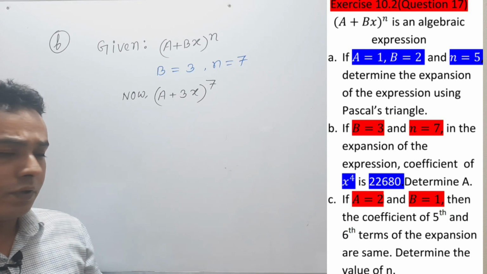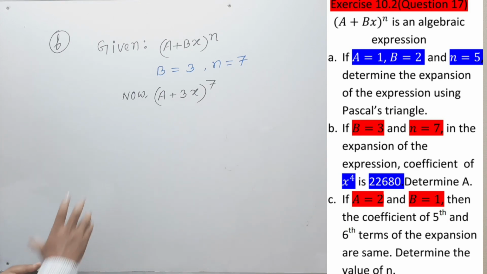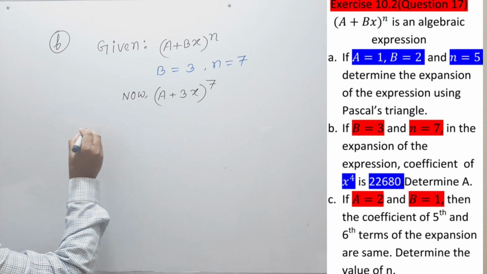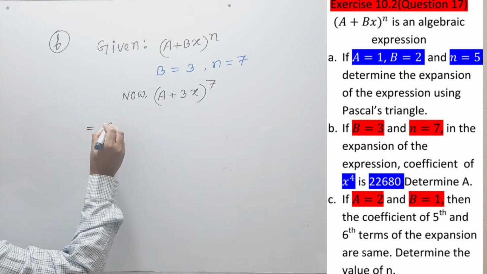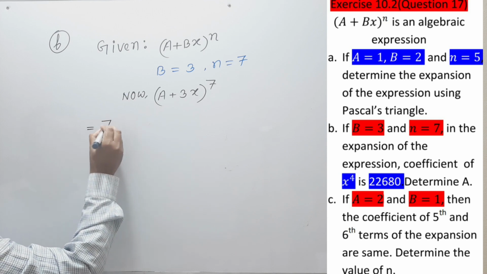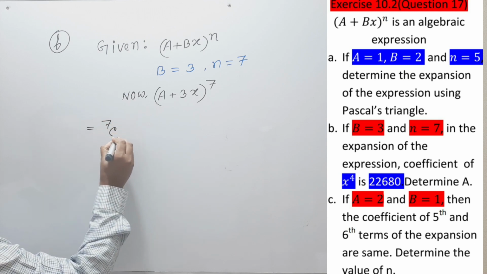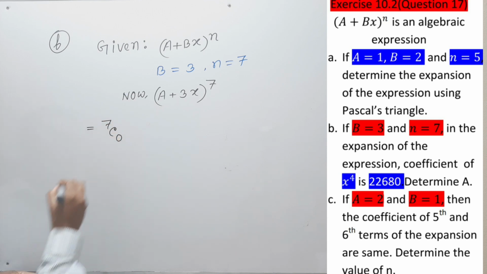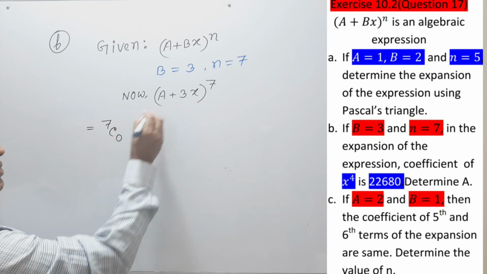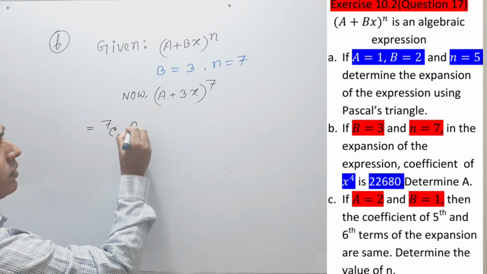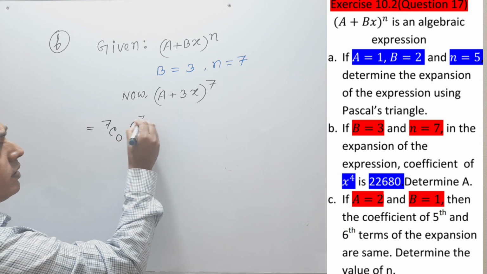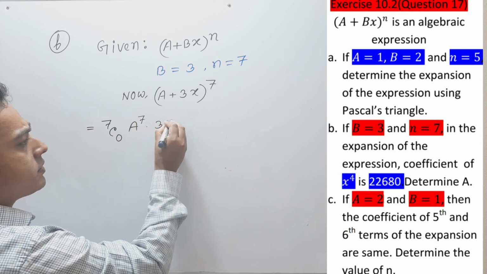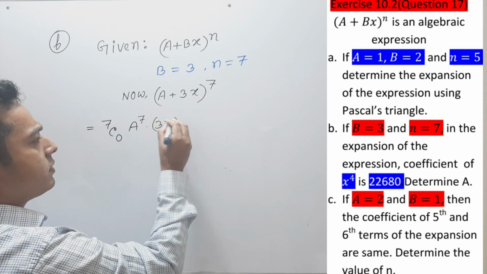Okay, using the binomial theorem we can write it. Here n is equal to 7: 7C0 into a to the power 7 into 3x to the power 0.